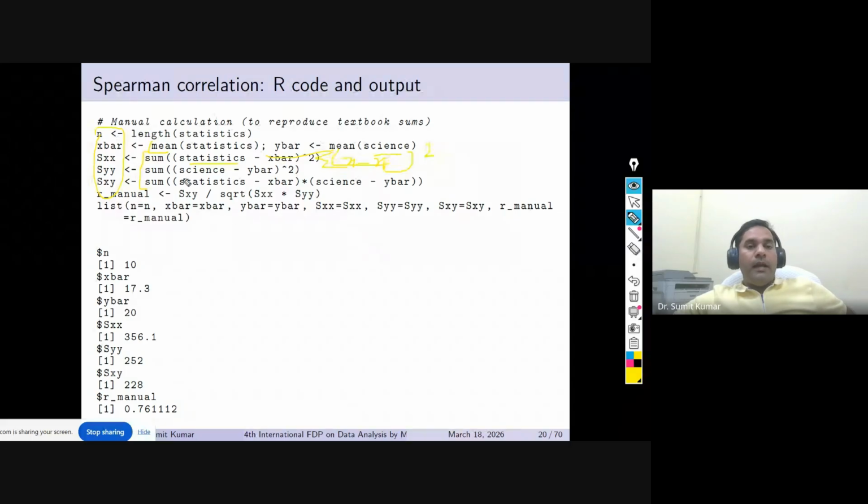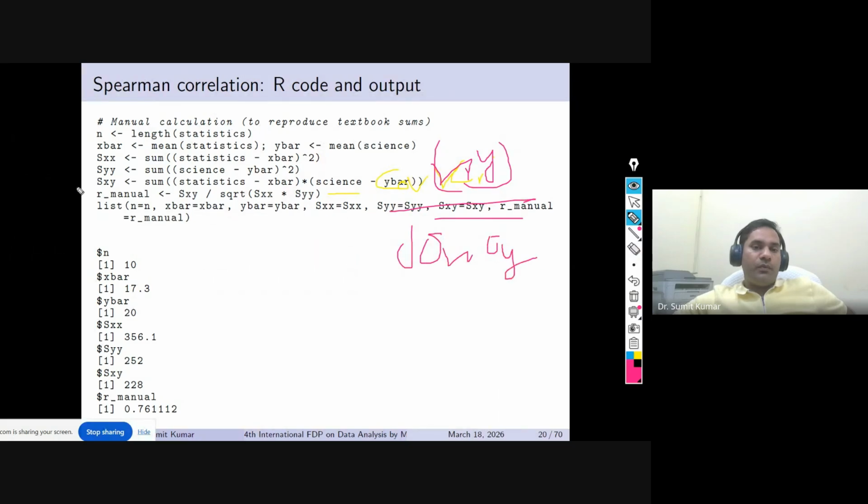And the same for y minus y bar, and this is the covariance term. Manually, this is nothing but the covariance of x and y divided by the square root of sigma x and sigma y. This is the simple formula here.